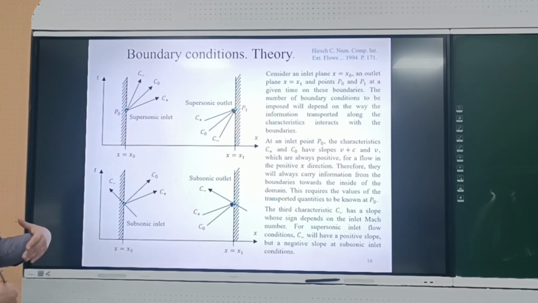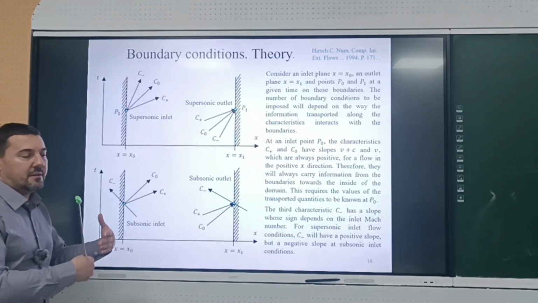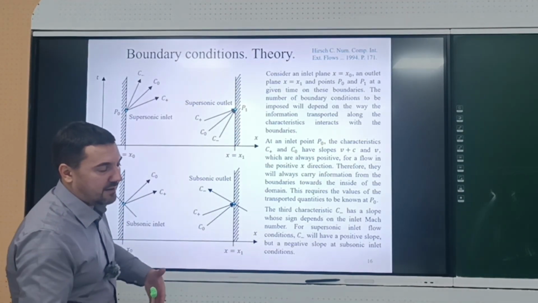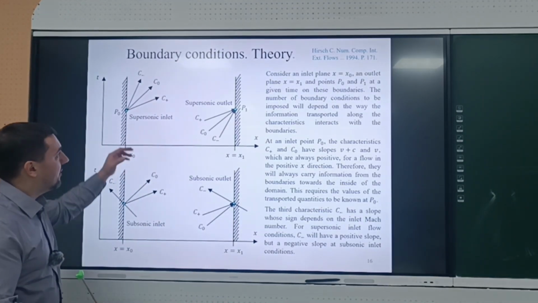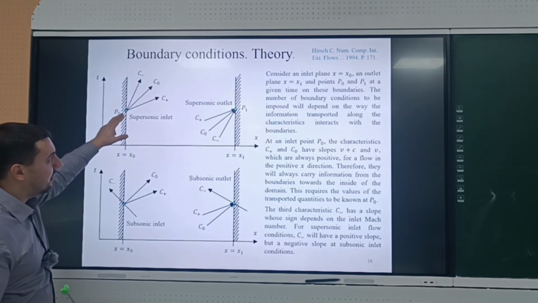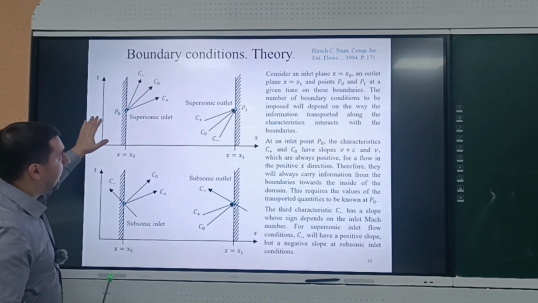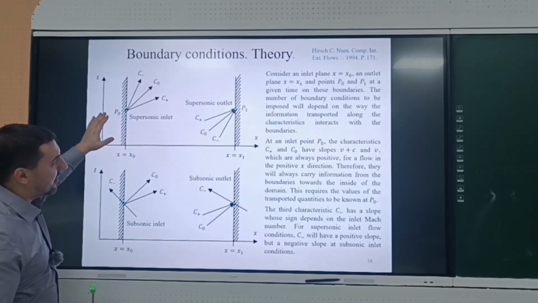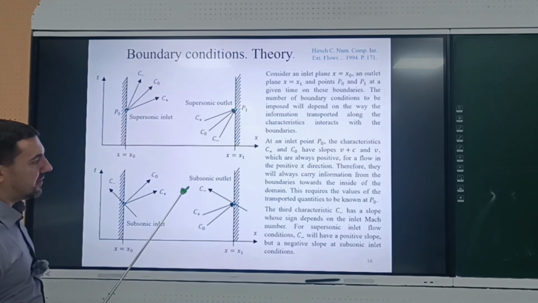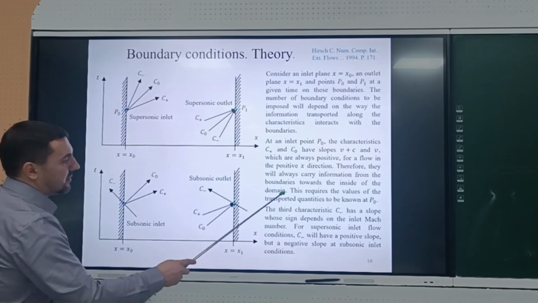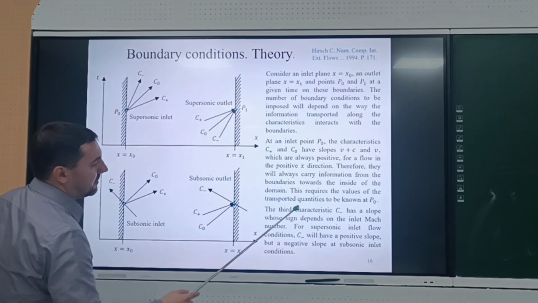So we should impose physically relevant boundary conditions, depending on your statement of the problem, for these two characteristics anyway. If you have the inlet and u is greater than 0, then you should impose two boundary conditions along the C plus and C0 characteristics. This requires the values of the transported quantities to be known at P0.